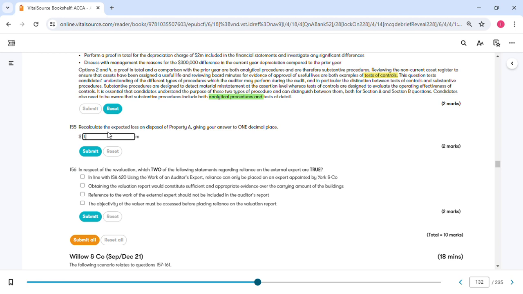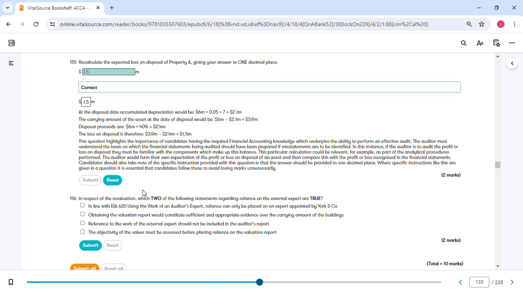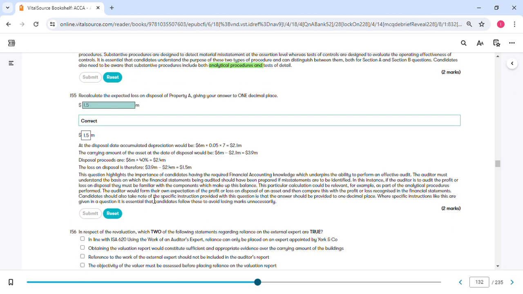Send me the screenshot of what you have written, both of you. I am telling you this. Okay, 1.5. See the things. Depreciation is how much? Compare with your answer. 6 million into 5% into 7 years, 2.1.